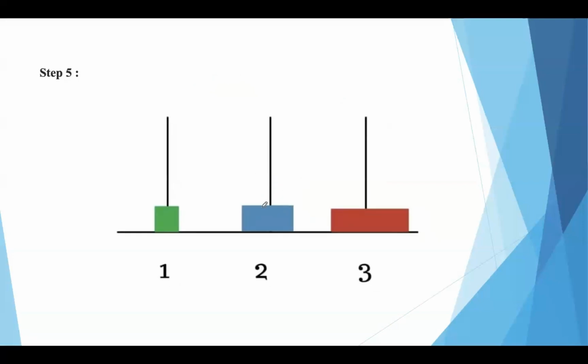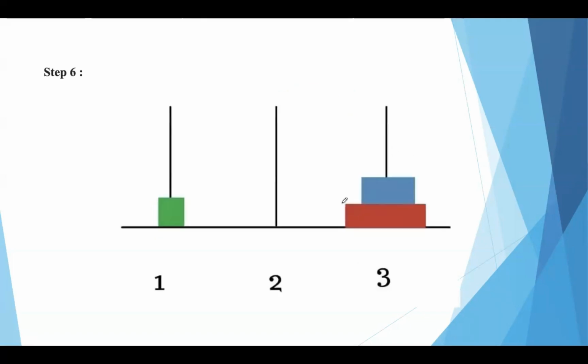Next, the blue disc is permitted to be shifted to the destination rod 3. That will be stacked on top of the red disc. This is the notation now. And what is our target? Our goal is to move the green disc on top of the blue disc, so that all three discs are on rod 3. They should be shifted to the destination rod.